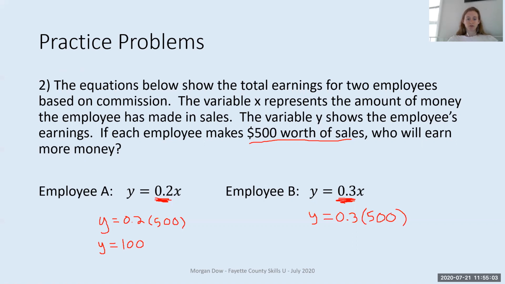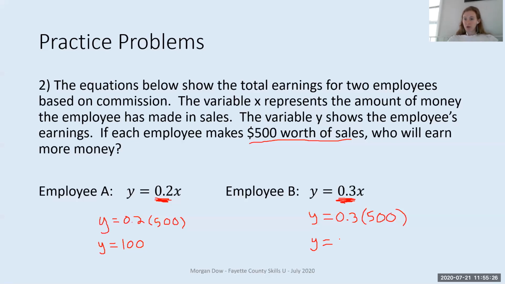So 20% of 500 is 100. And then let's see for employee B, we've got 0.3 times 500. We get 150.